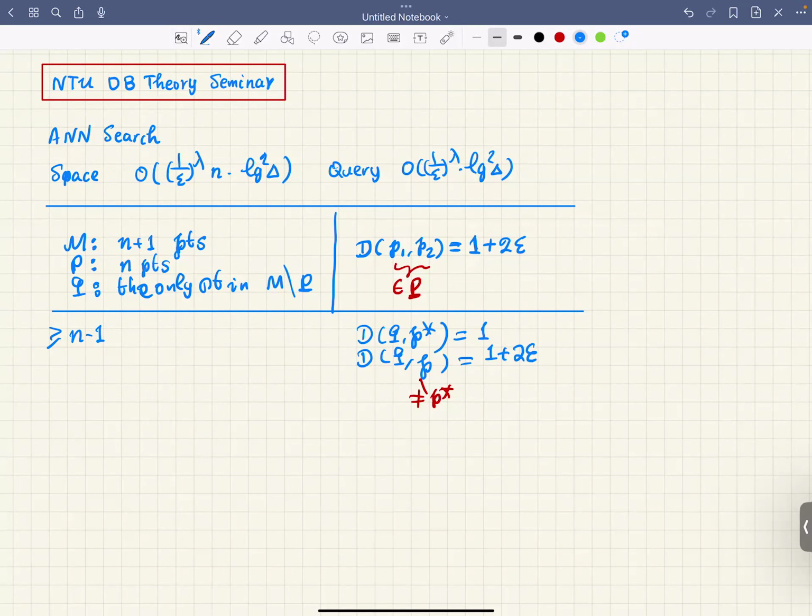Good. Now let's play. Very easy. At any moment, I keep track of P sim, the set of points that you have asked me about before. In the beginning, this is empty. I'm just sitting here waiting for you to ask me for a distance. So you say, here is P1, and I put P1 into this P sim, and then I give you back a distance value.